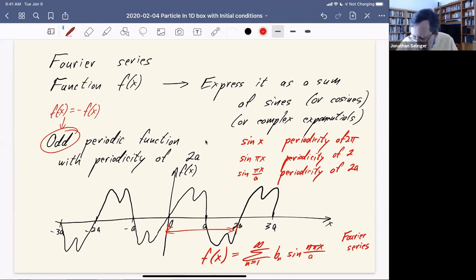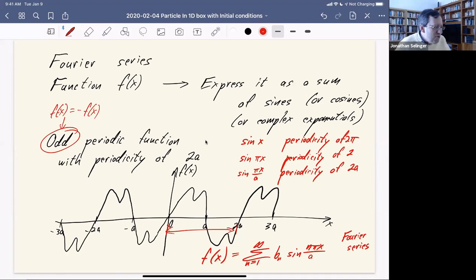Excellent. In a class like that, they would have given you proofs of how you know that this function represents the arbitrary thing that I drew, and that it approaches the function when you include an infinite number of terms, but what it means mathematically to approach a function.